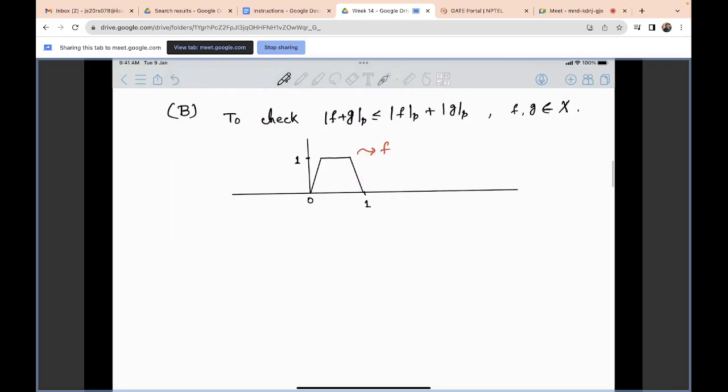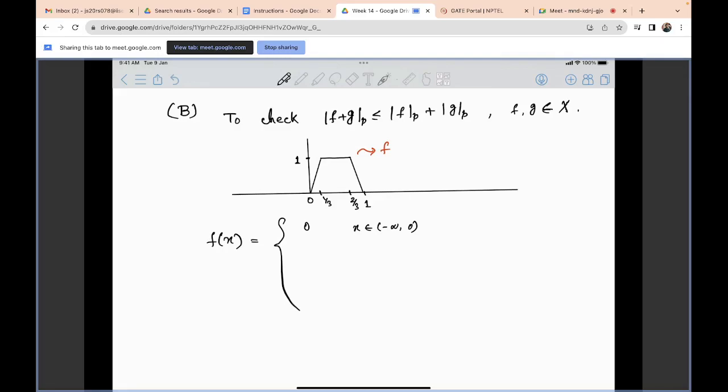So what is the definition of f? Let me write. f is 0 for x belonging to minus infinity to 0, and then it is a linear function. Suppose this point is 1/3, and this is 2/3, where it is 1 in between.